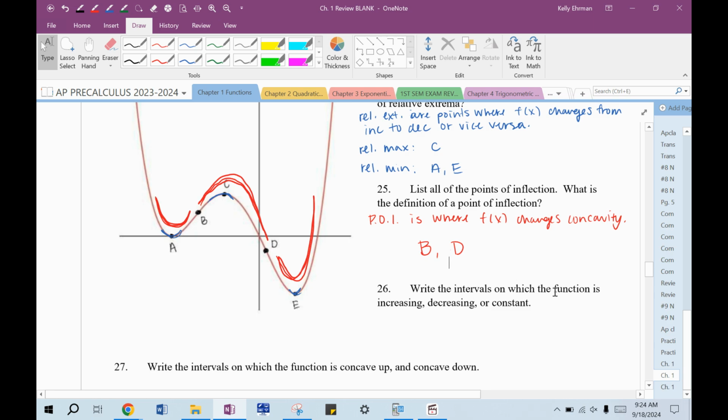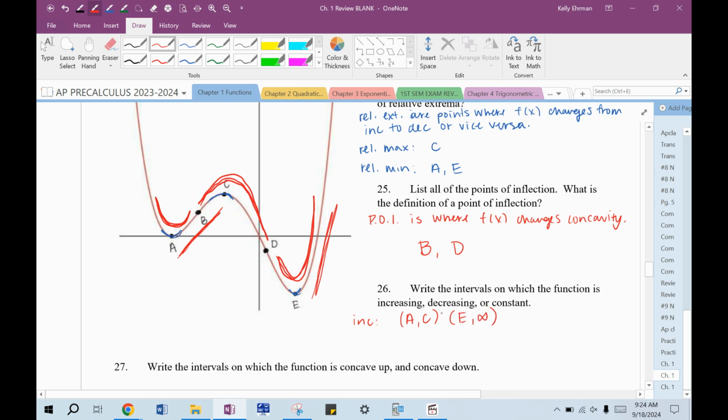Okay, write the intervals where the function is increasing, decreasing, or constant. So not the rate of change, just the function itself. Let's start with increasing. The function is increasing from A to C, and then it increases again from E to infinity. So A to C and E to infinity.